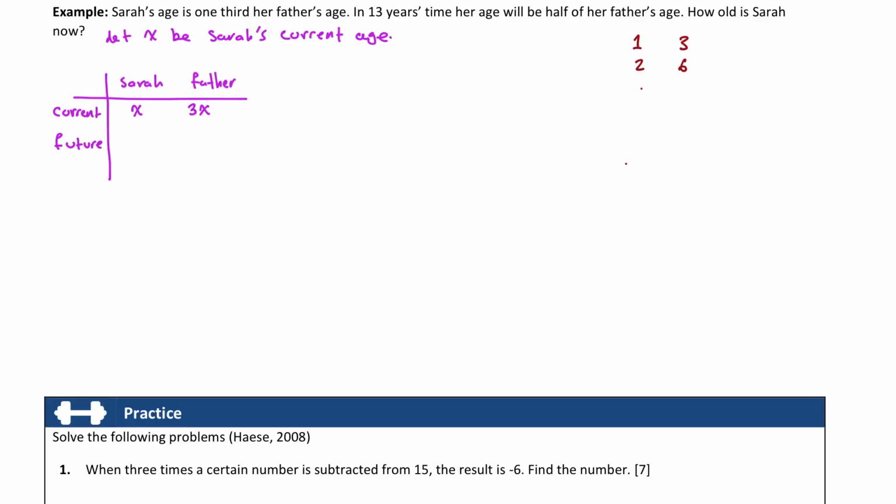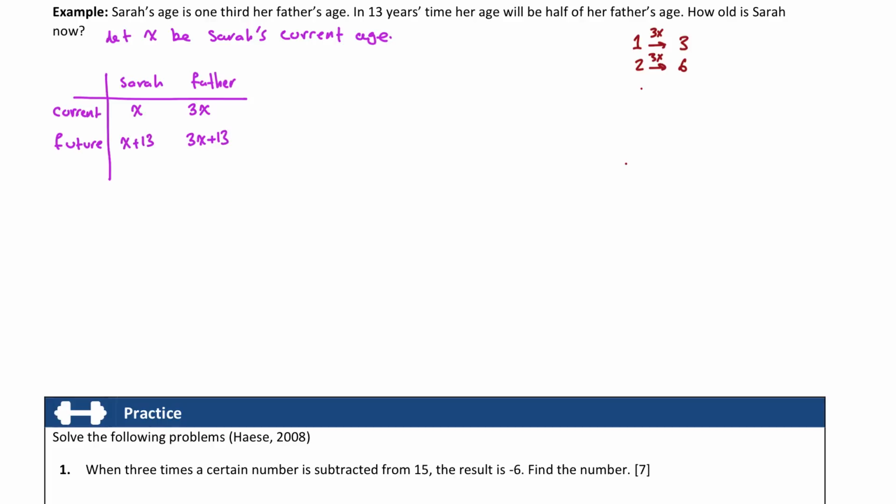So going in the reverse order, you can see that father is actually 3 times older than Sarah. So now in 13 years time, so that's in future, her age will be half of her father's age. So we know that in 13 years Sarah should be x plus 13 because it's 13 years later, and her father should be 3x plus 13 because it's 13 years later.